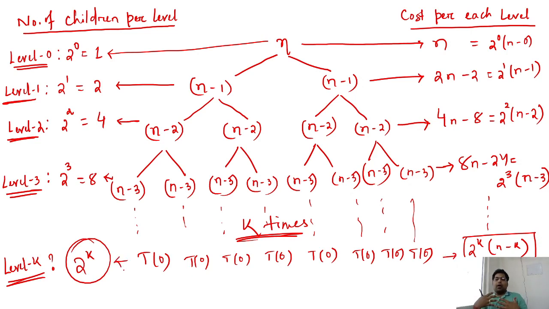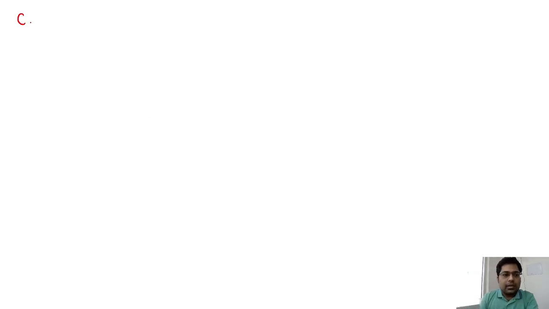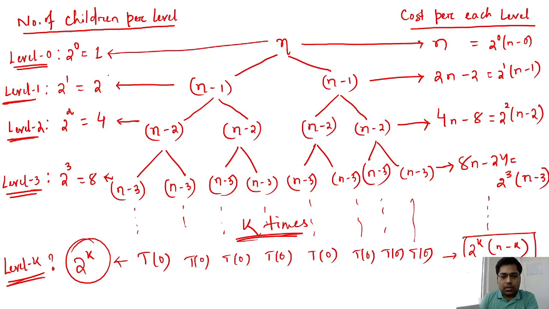Now once we found this answer, our first target is to find Ci, which is the cost of intermediate nodes, or we can assume we reached somehow. For this case we can say it's n minus 3, so we can say T of n minus k, as we have equated with T of 0 now.